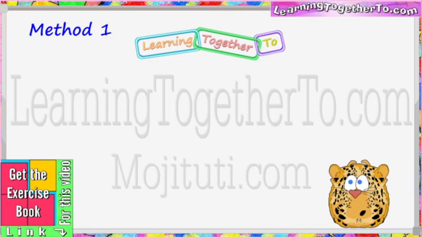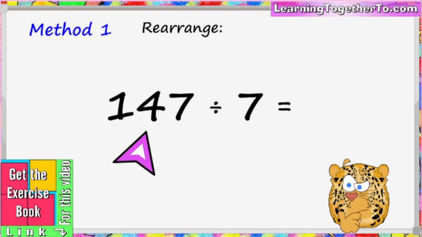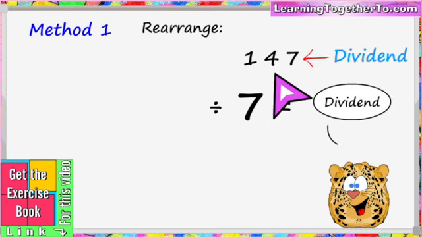Simon, what is 147 divided by 7? Let's go ahead and rearrange our numbers. The number we are going to divide is called the dividend. Very good, Simon. And it goes over to the right.